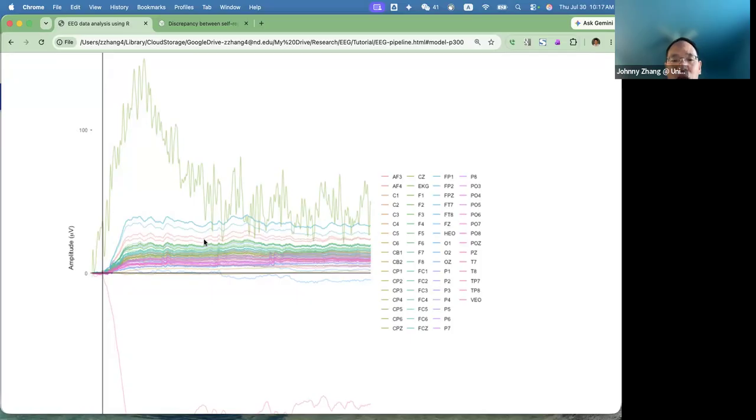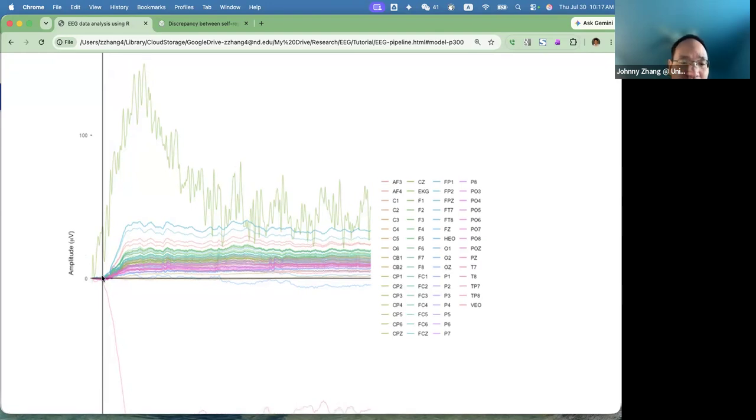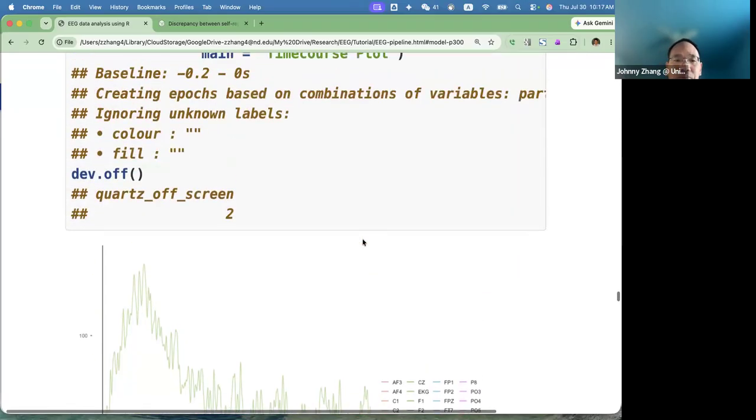If you don't select each epoch, it will basically plot the average of every epoch. So this is the plot of each channel. Notice that this is time zero, before the stimuli and after the stimuli, before the event and after the event.